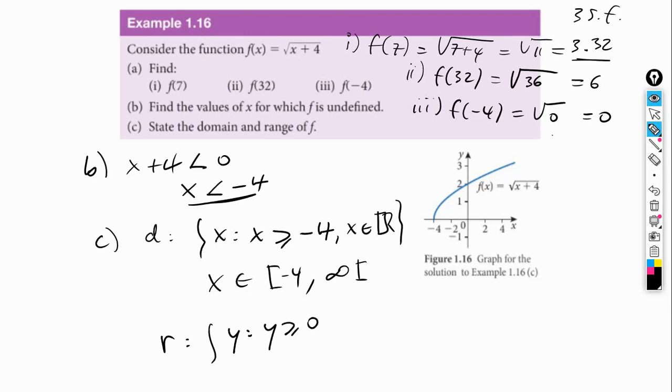We can see that in the graph here. Notice that for y, it starts at 0 and goes to infinity. So y must be greater than or equal to 0, and y is real. Or in interval notation, y belongs to including 0, comma, infinity.